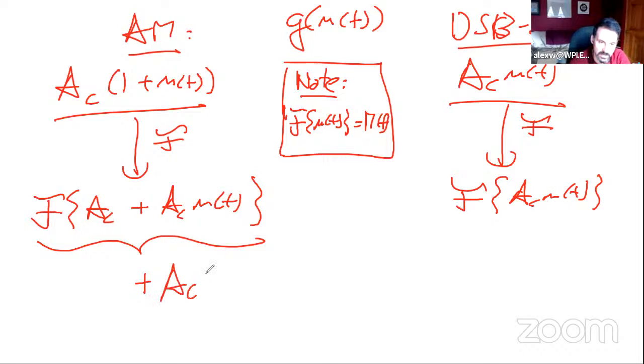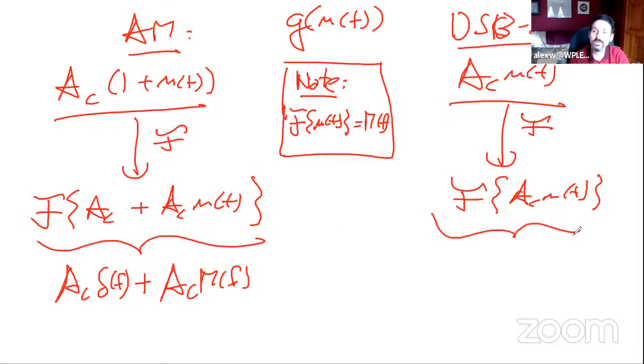So we get AC M(f). What about the first term? What is the Fourier transform of a constant? It's a delta: AC delta(f). How about here? What is this? AC M(f). Cool.